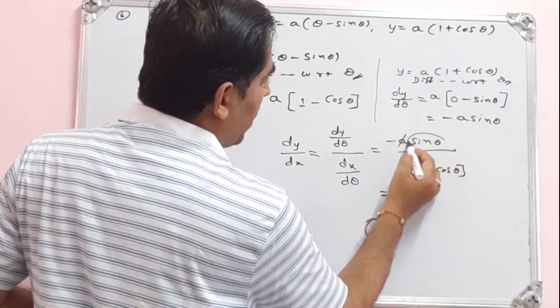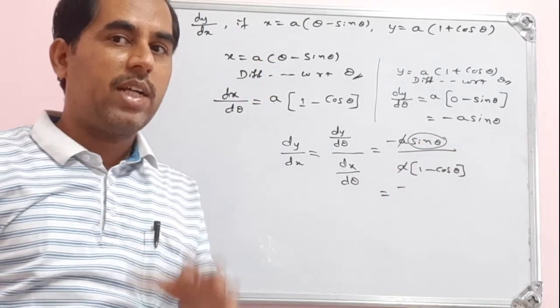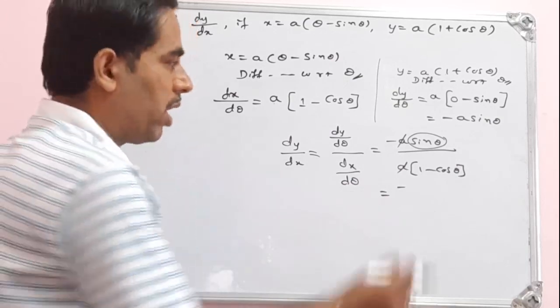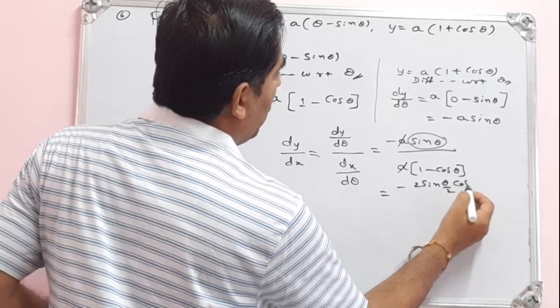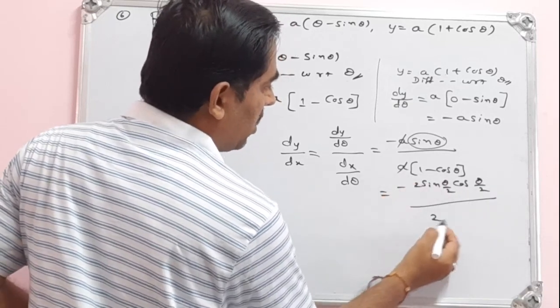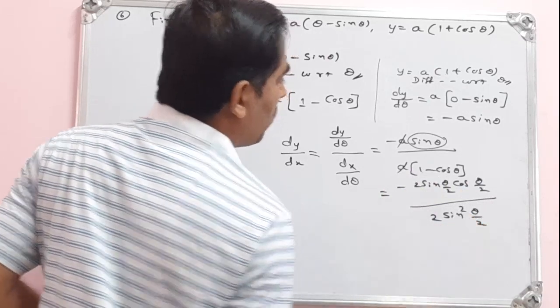This sin theta can be written using the submultiple angle formula once again. How do you write sin theta? In one of the previous problems we have done it: 2 sin theta by 2 into cos theta by 2. I can write sin theta as 2 sin theta by 2 cos theta by 2, and here 1 minus cos theta I can write as 2 sin square theta by 2.